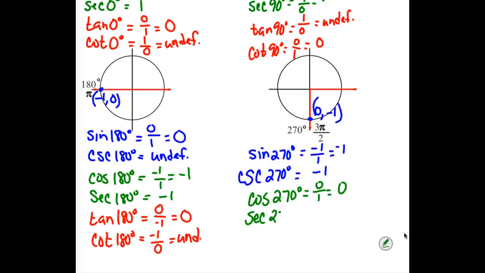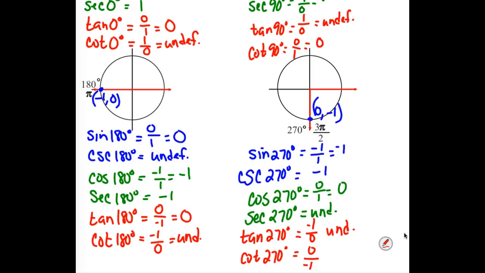Secant will be undefined. And tangent of 270 degrees is y divided by x, negative 1 divided by 0, which is undefined. But the cotangent is the reciprocal, 0 divided by negative 1, or 0. All right, so for quadrantal angles, you are going to have values like 0, 1, negative 1, and undefined for all of your trig functions.